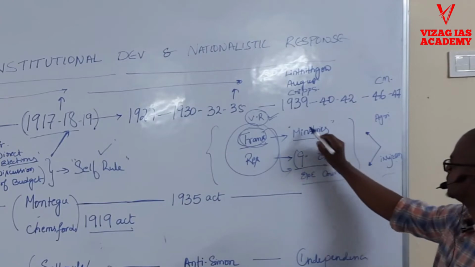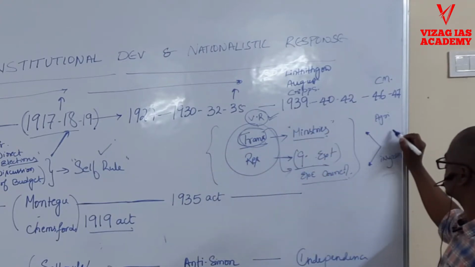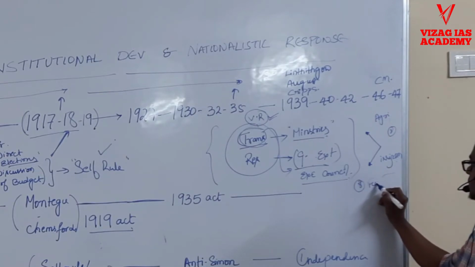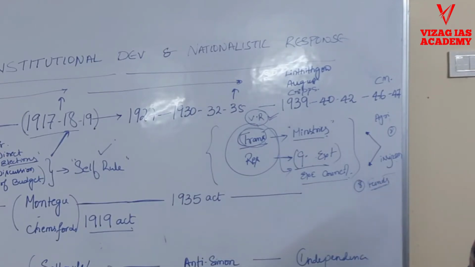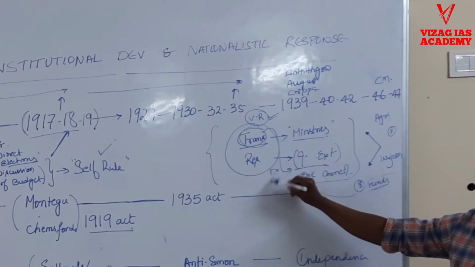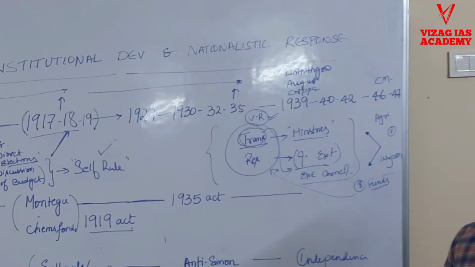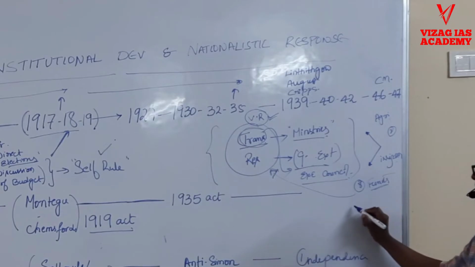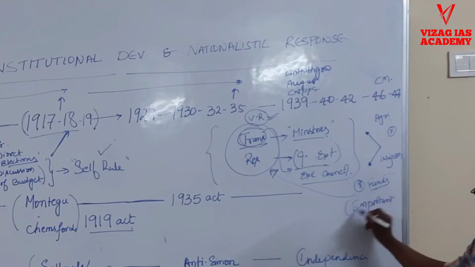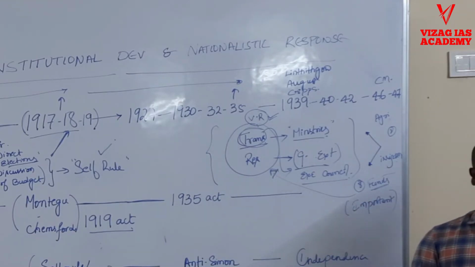That is one thing, the basic subject division itself, and the second thing is this kind of division, and the third thing is funds. More funds are given to the reserved part, which is also self-defeating. There should have been equal distribution of powers, but here more power goes to the reserved subjects, and much more important subjects are placed under the reserved list.